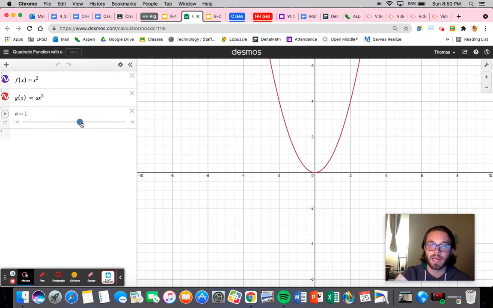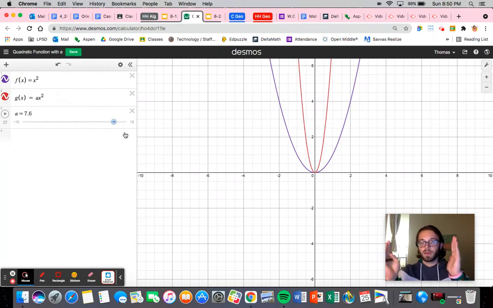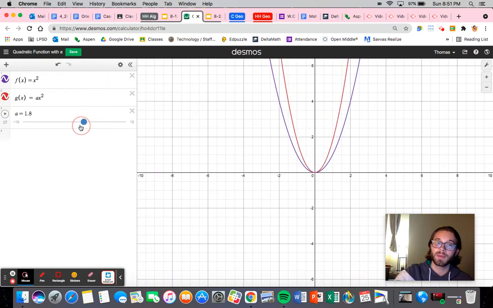So I'm going to make a bigger. And you can already see the red, which is g here, where it has the a affecting it. As a is getting bigger, right, it's getting closer and closer and closer into the y-axis, okay? And then similarly, if I get less than 1, you can probably already guess what's going to happen.